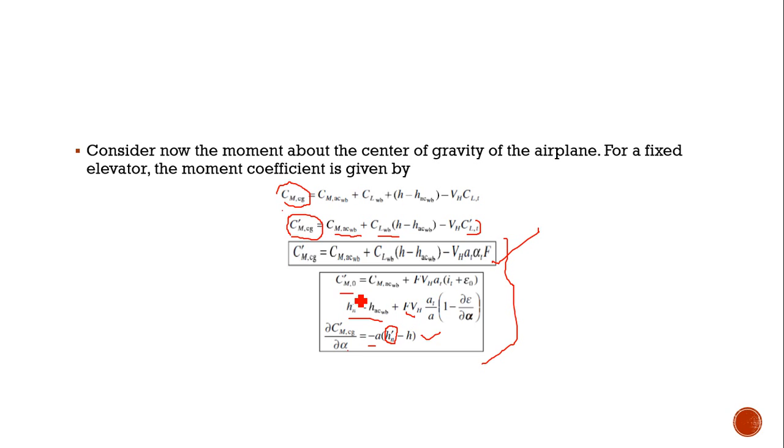The same way, the moment about center of gravity at zero lift coefficient for stick free condition is C dash M0 equal to C dash MACWB plus F VH a_t into (i_t plus ε). Okay.